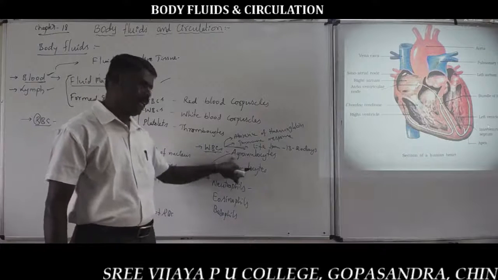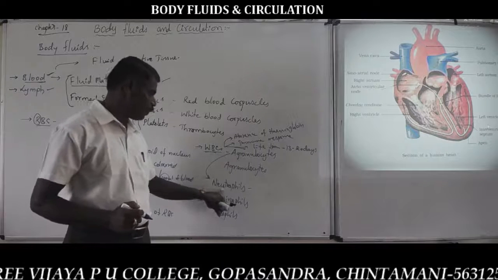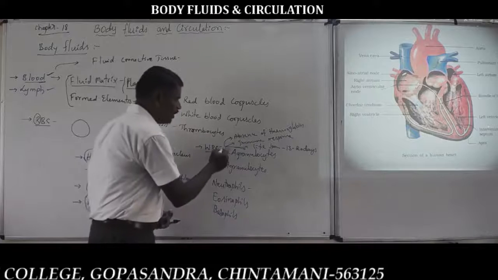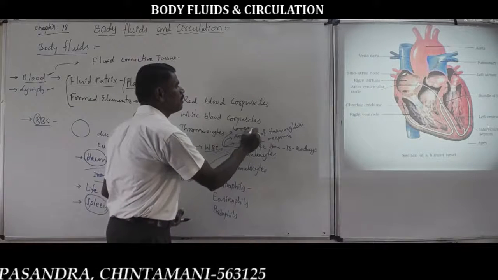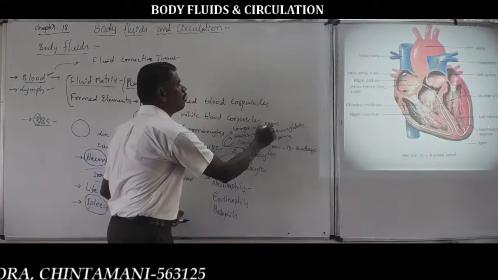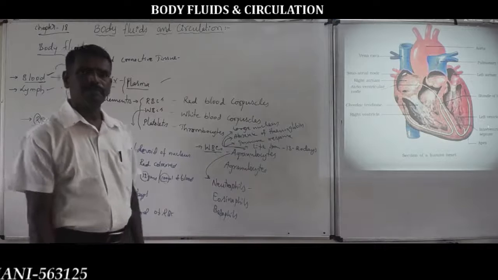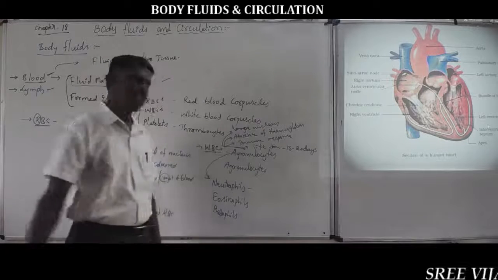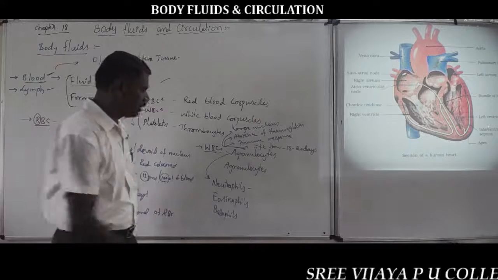The granulocytes are of three types: neutrophils, eosinophils, and basophils. These WBCs have a large nucleus, but the nucleus is irregular in shape.